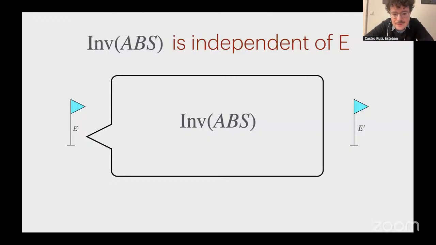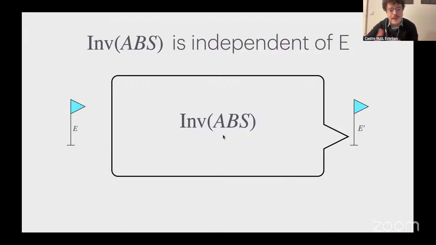In a technical sense, the invariant operators of A, B, and S are the largest subalgebra that is common to E and E prime. So if E prime were to state the same kind of problem, she would arrive at exactly the same object, the same invariant subalgebra of A, B, and S, as the relevant object that you should look at when you lack access to this reference frame.